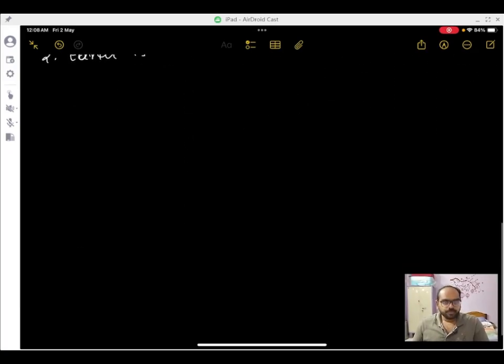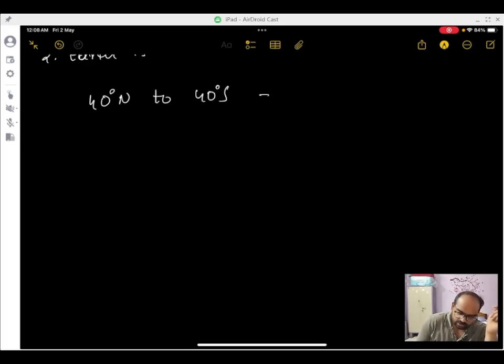And moreover, in the previous class, we have learned that the angle made by sun's rays gets decreased from the equator towards the poles. So from 40 degrees north to 40 degrees south, there will be a surplus of heat.